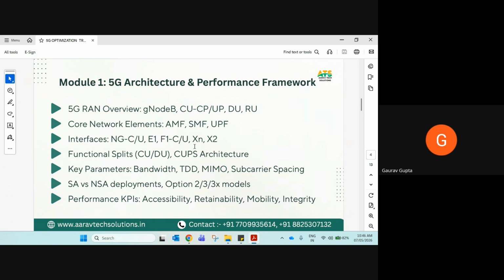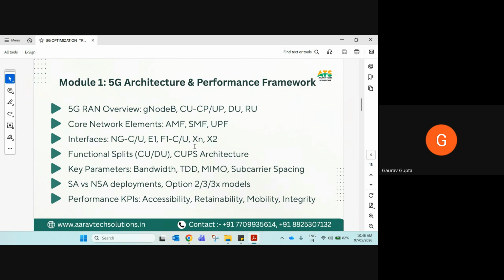If we talk about the spectrum and frequency range, 5G uses two kinds of frequency range: frequency range 1 and frequency range 2. Frequency range 1 supports spectrum of less than 6 gigahertz. Frequency range 2 is meant for high bandwidth applications like millimeter wave, supporting 24 to 100 gigahertz.